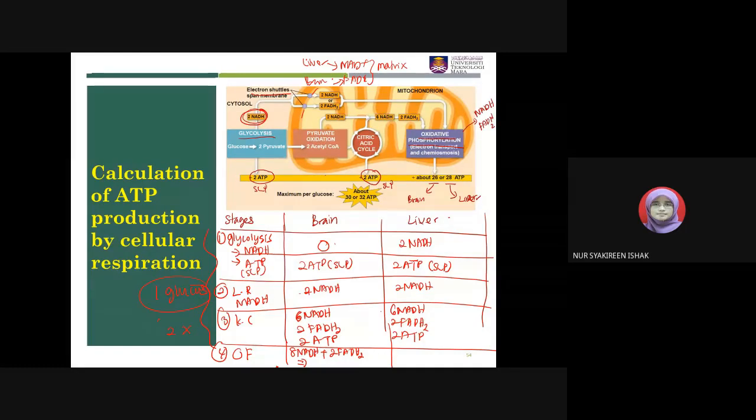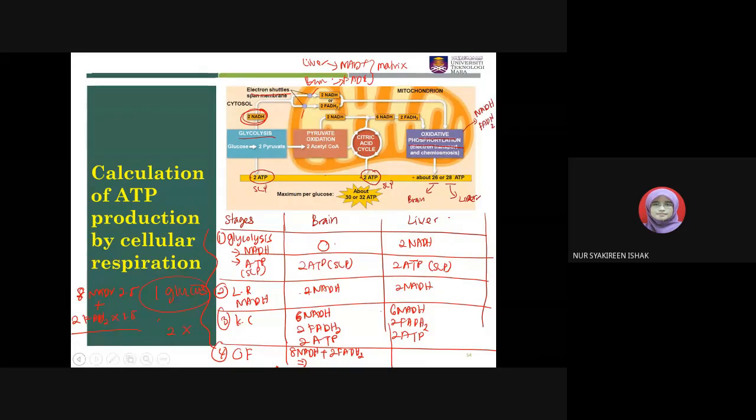Madam. 23? 23. 8 NADH kali dengan 2.5 campur dengan 2 FADH2 kali dengan 1.5 dapat berapa? 23 ke? Ya, madam. 6, 7, 8.